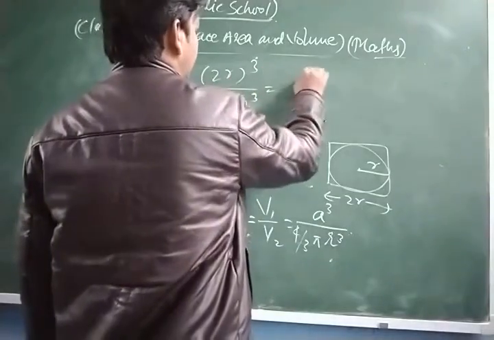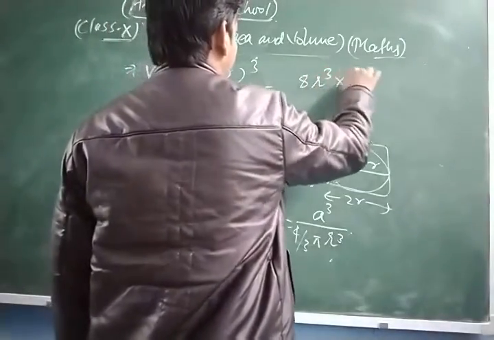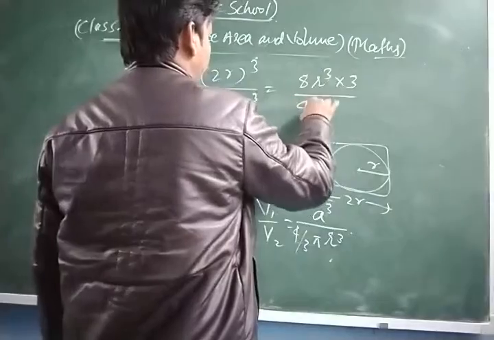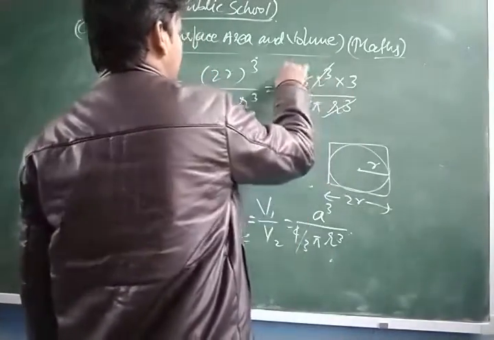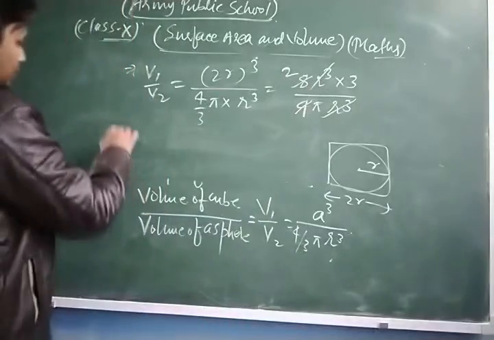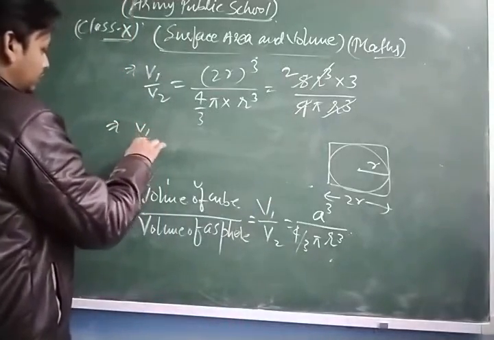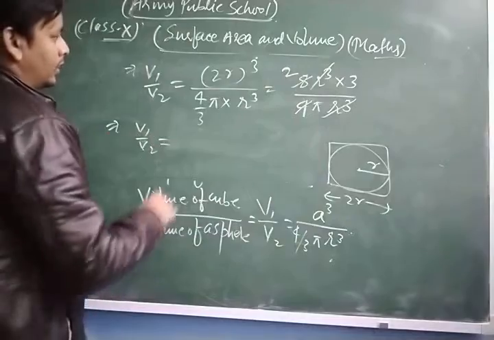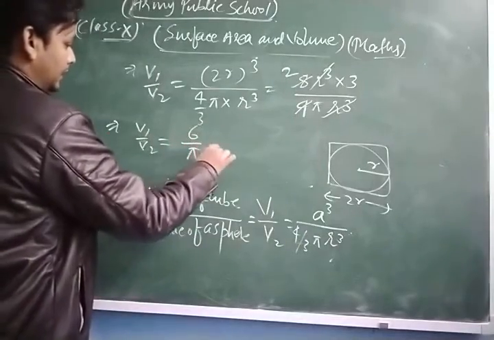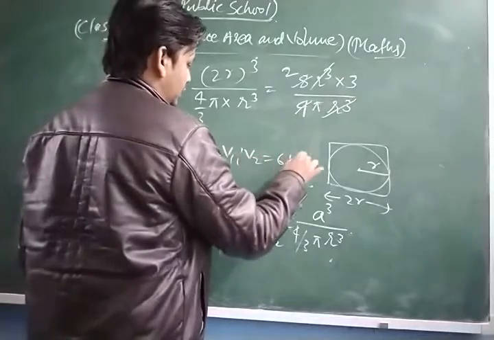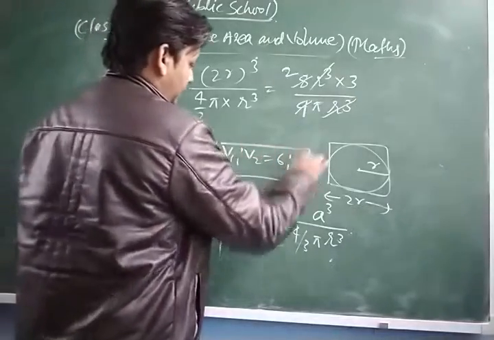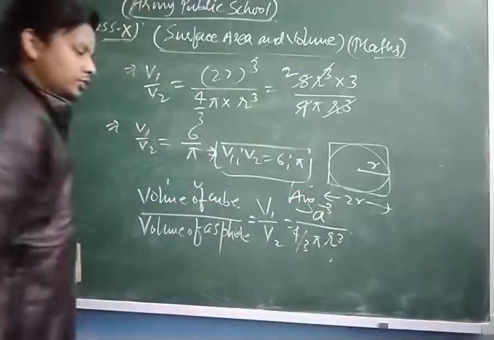This is 8R cube into 3 upon 4 pi R cube, R cube cancels out, and 4 into 8 gives 2 into 3 is 6 upon pi. So V1 ratio V2 is equal to 6 ratio pi. This is the required solution of the given question.